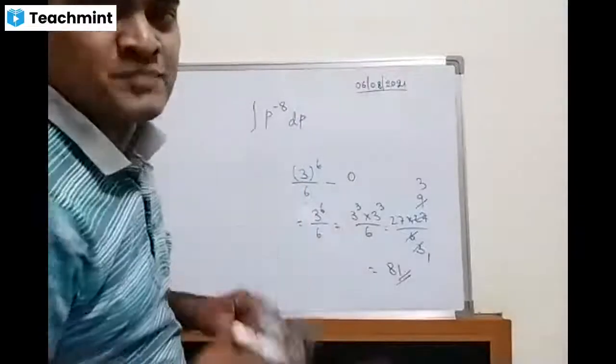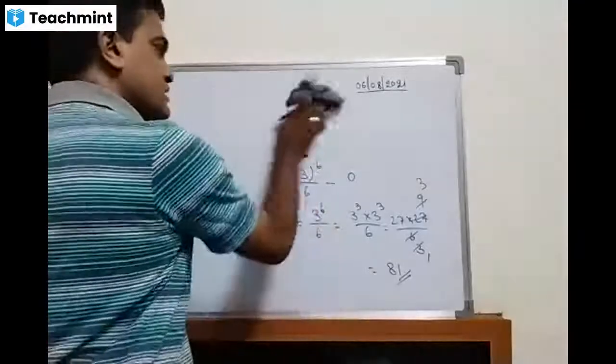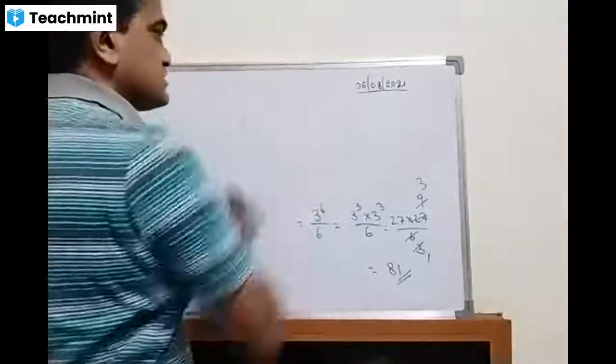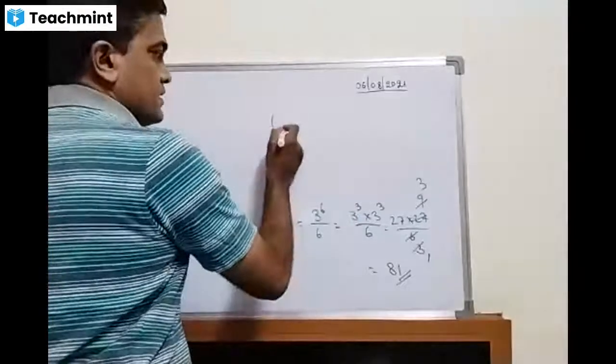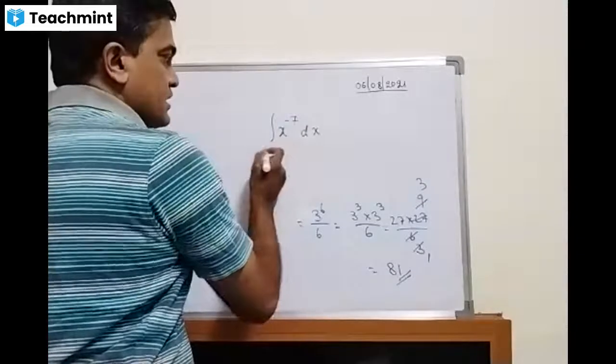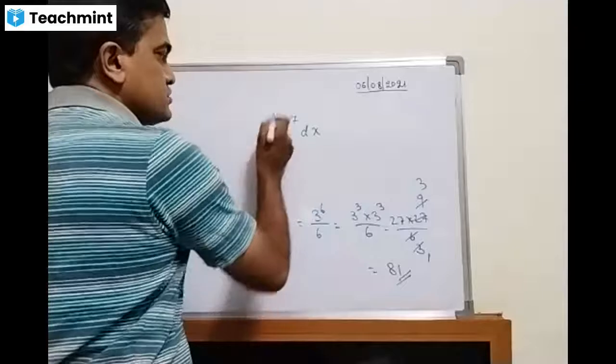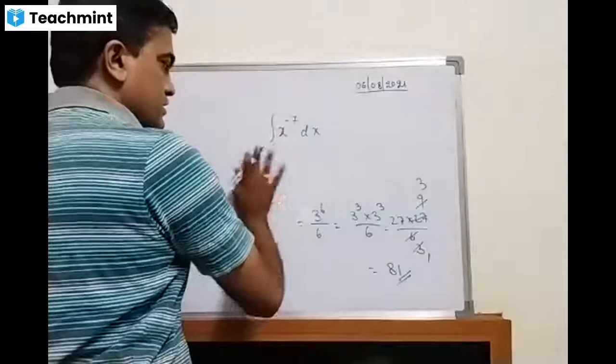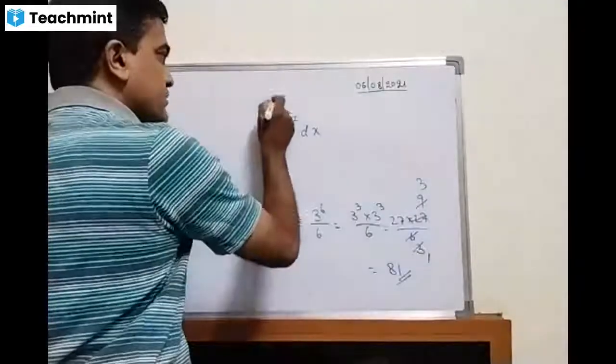Okay, let us do this only for x first. Let me give you like this: integral of x to the power minus 7 dx. Limits are from 2 to 5.